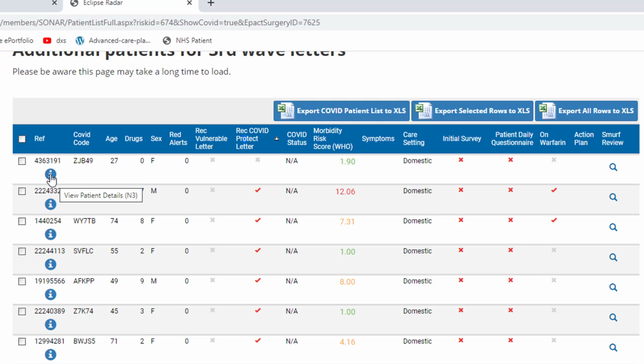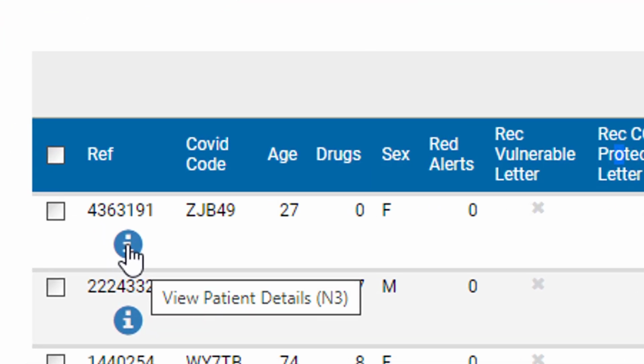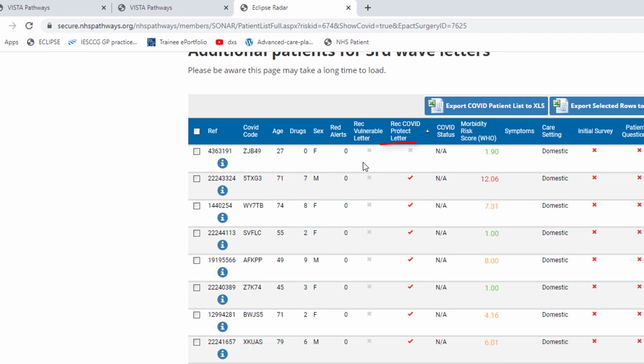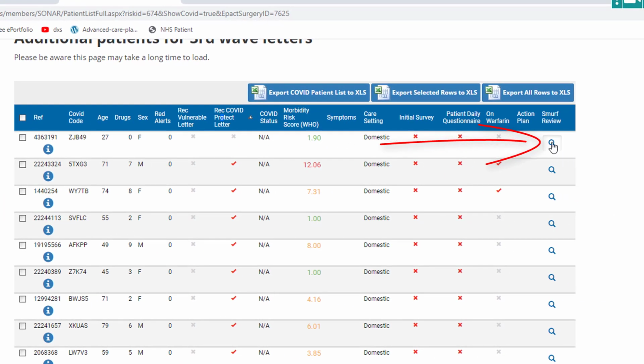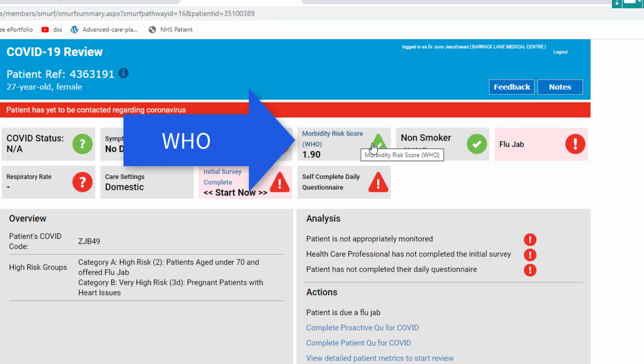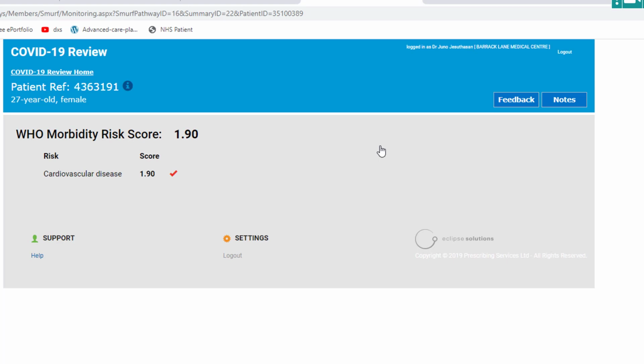To find the information, if you are on the secure N3 connection, if you click on this part, it comes up with your patient, or you can click on what they call a Smurf review, which tells you why they are on the list completely. This, if you click on their WHO score, tells you that this lady has got cardiovascular disease.